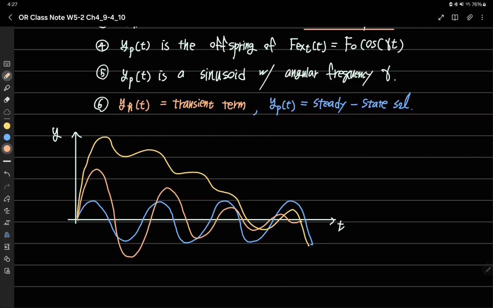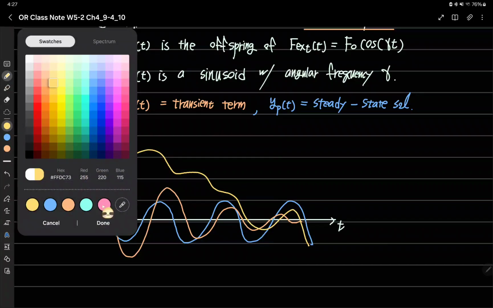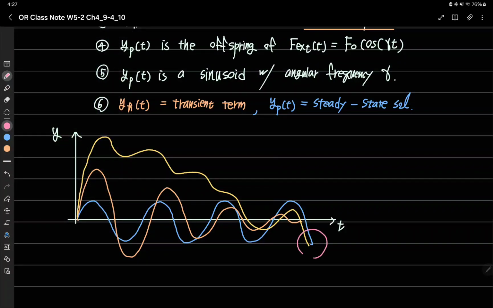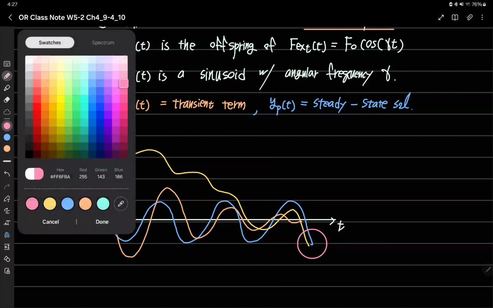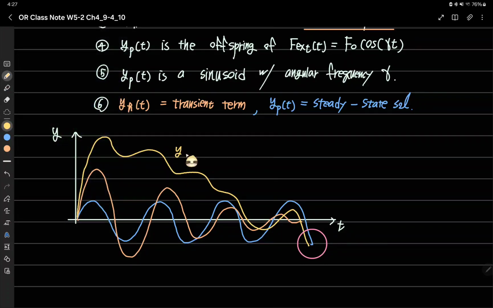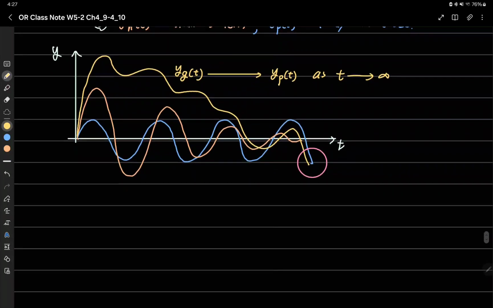So eventually, as you can see, this is YG of t. The general solution approaches YP as t approaches infinity. So that's what we can expect.